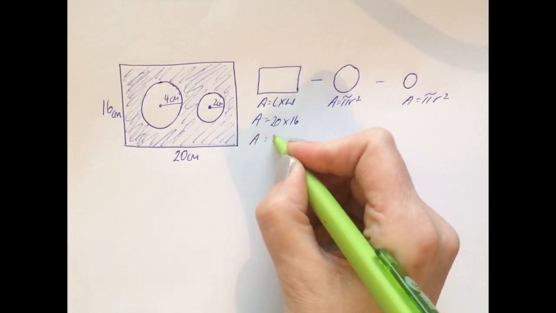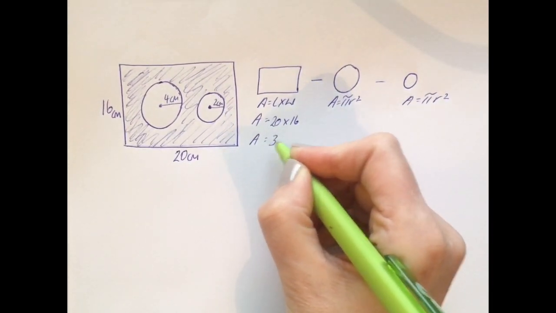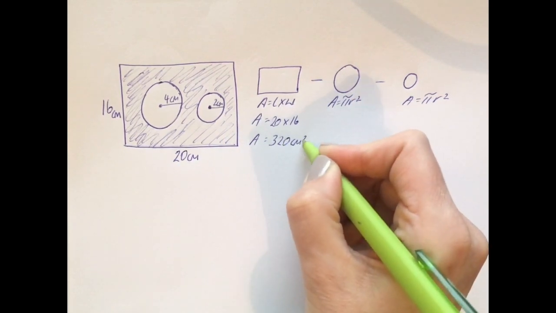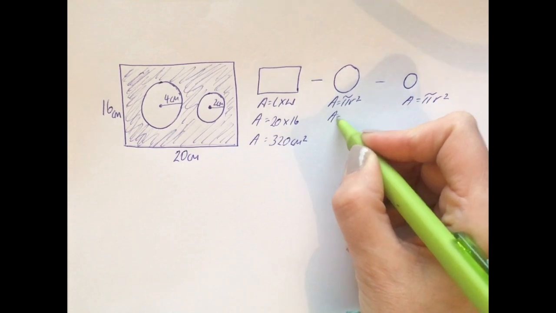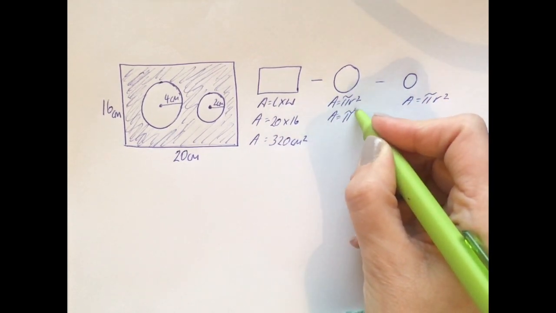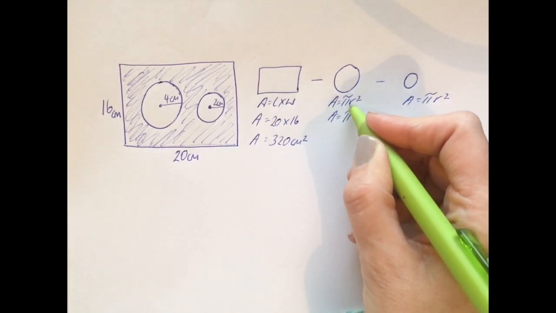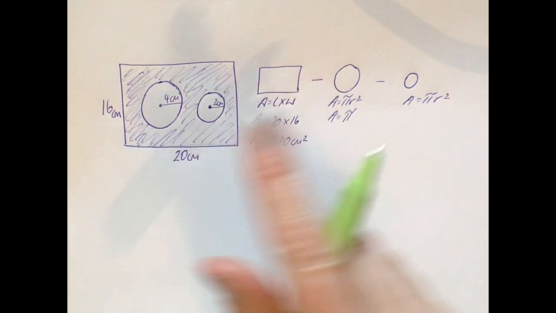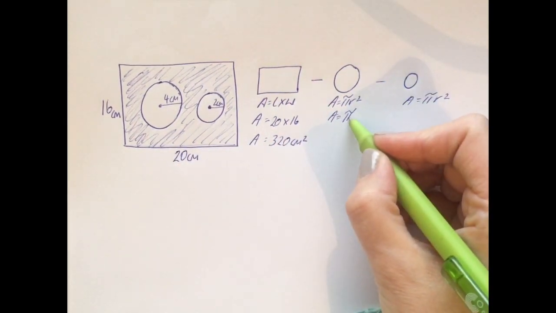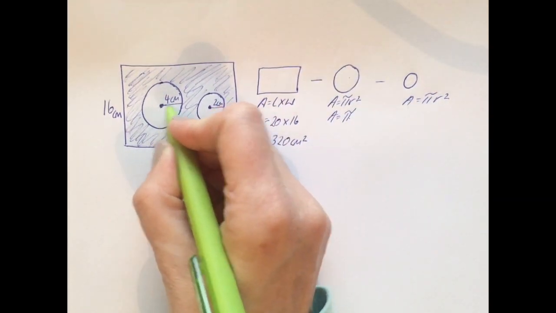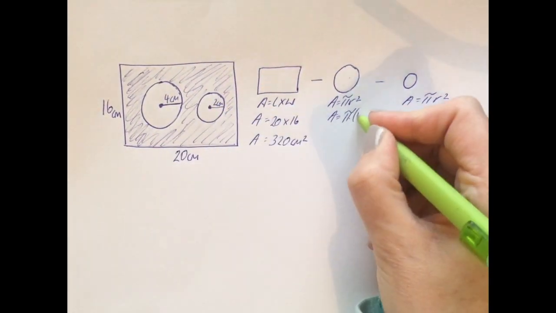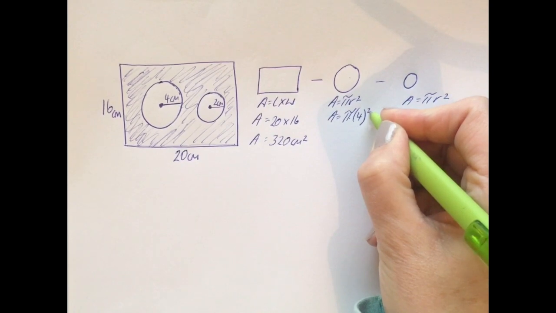That gives me a total area of 320 centimeters squared. Then we have pi r squared, so we'll leave pi as pi. We'll get better accuracy, given it hasn't been specific in the question what to take pi as. The radius of this larger circle is quite clearly 4, so put it in brackets and square.